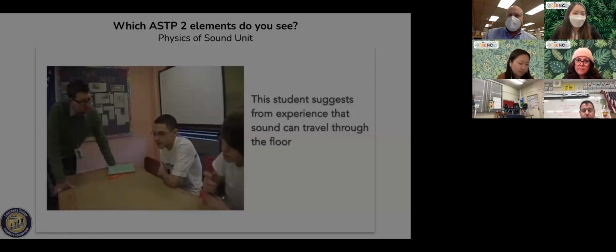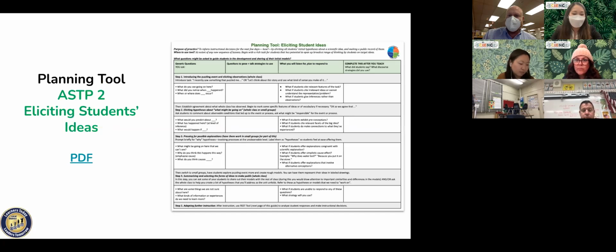Think about, what is this puzzling activity that I've got coming up? What questions can I ask, and how do I take students to step 2 with eliciting hypotheses, and then pressing for possible explanations, and then summarizing and selecting the forms of idea to make them public? So we're looking forward to hearing from you about that for next time.